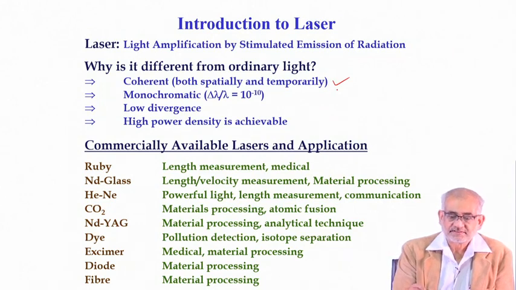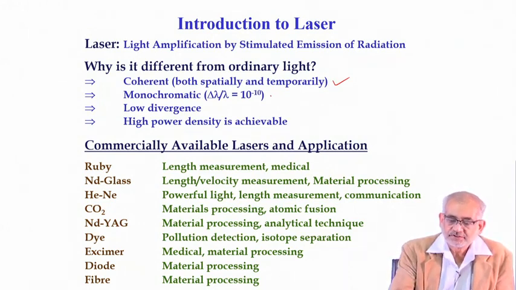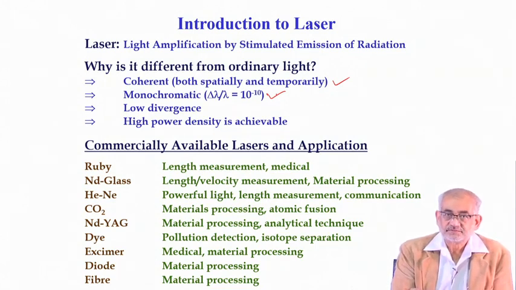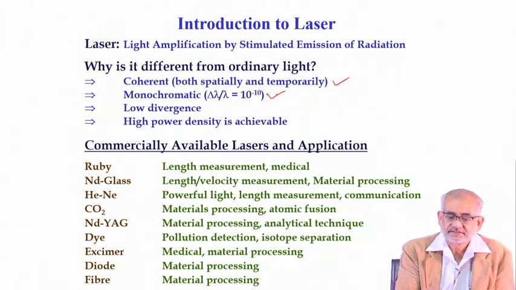Number 2, it is monochromatic with very little spectral width. For all practical purposes, the delta lambda over lambda is less than 10 raised to 10. So essentially we are talking about a single wavelength.